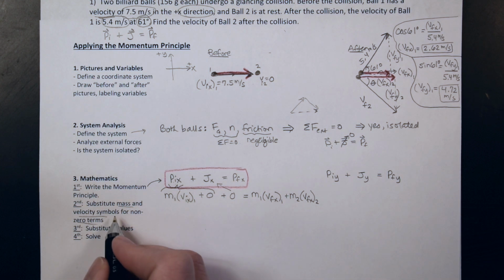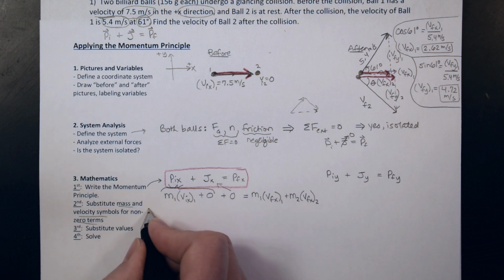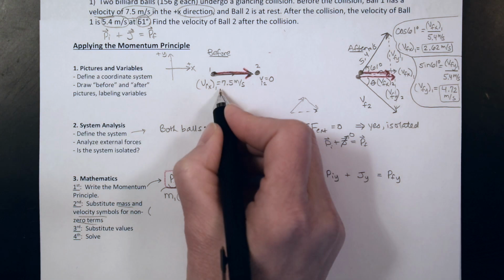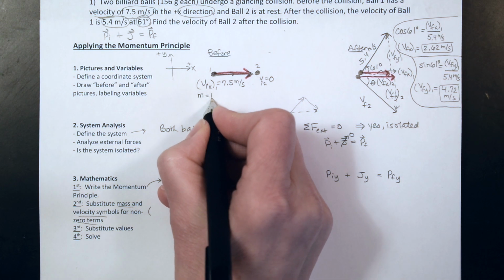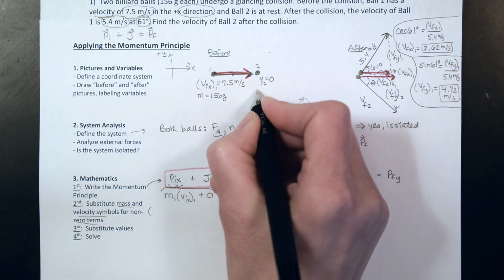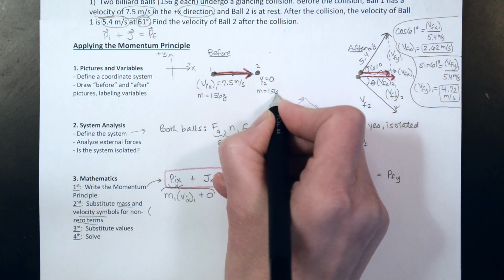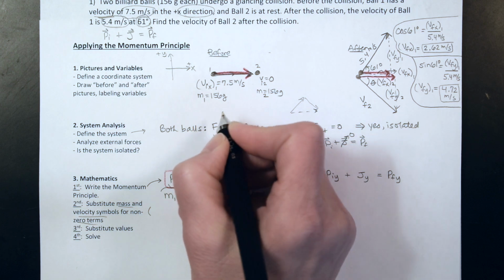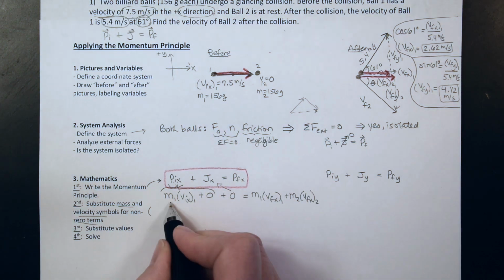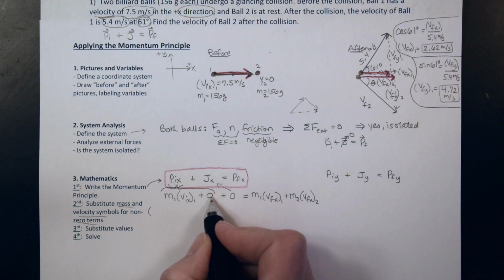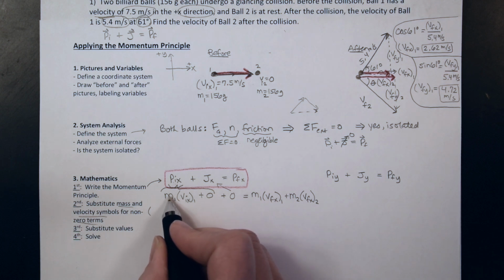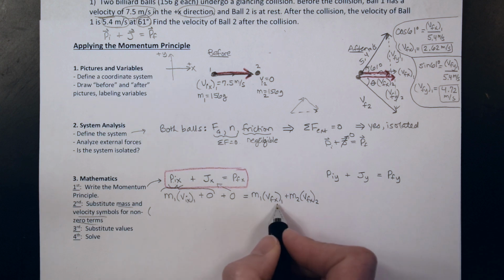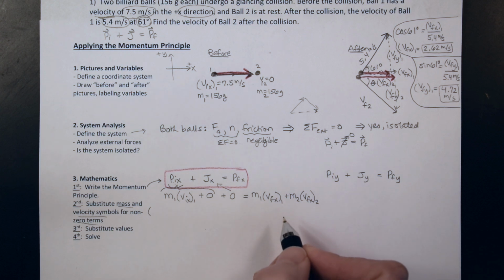So let me put in now, so we finished step 2, substitute values. So the mass of ball 1, oh, I should have labeled that here, 156 grams, and ball 2, 156 grams. When working with momentum, if you use the same units for mass on both sides, it doesn't really matter what those units of mass are.